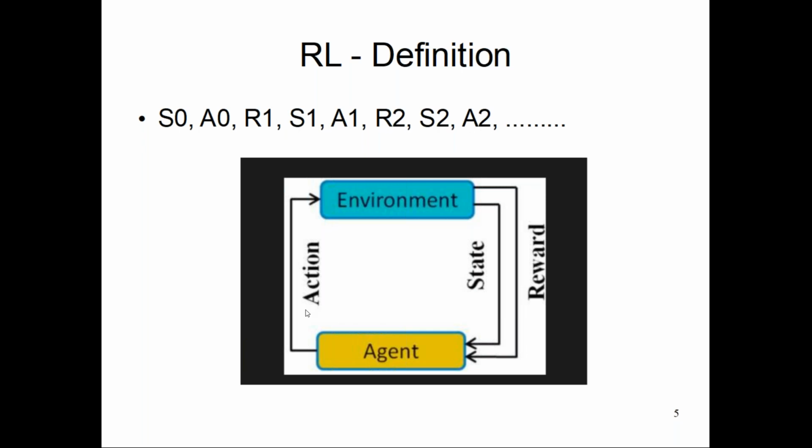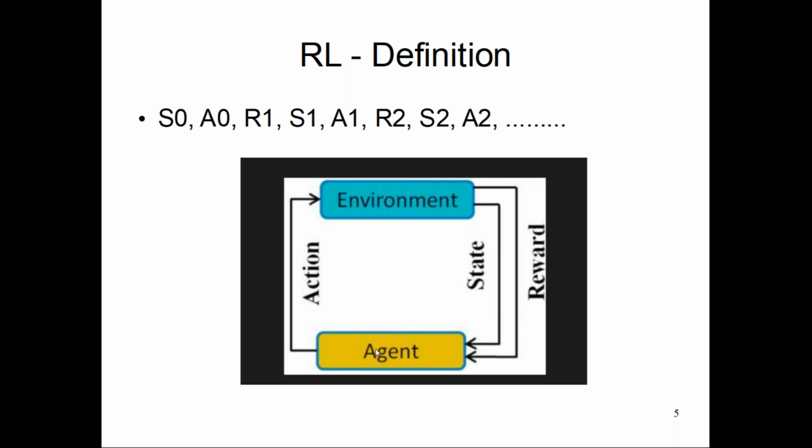Let me first explain. The agent takes A0, and the initial state is S0. When it takes an action, it ends up in a new state S1. Once in the new state, it will again take another action A1, get a reward R2, and then end up in state S2.